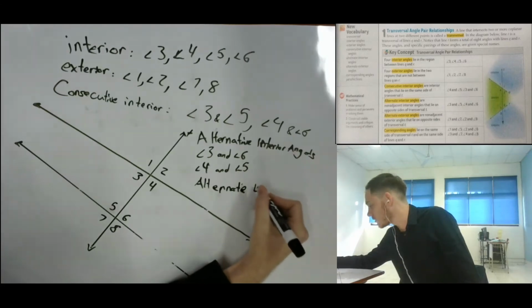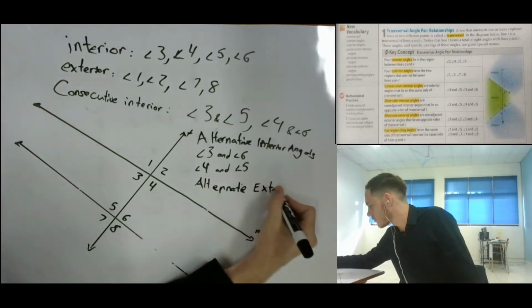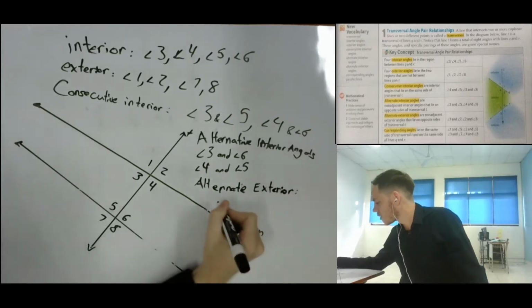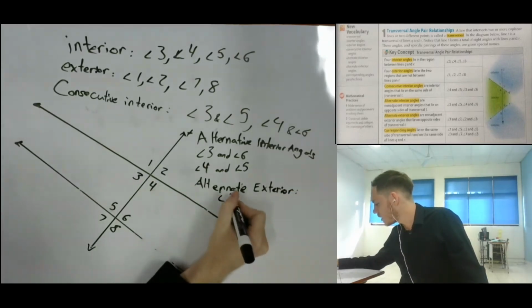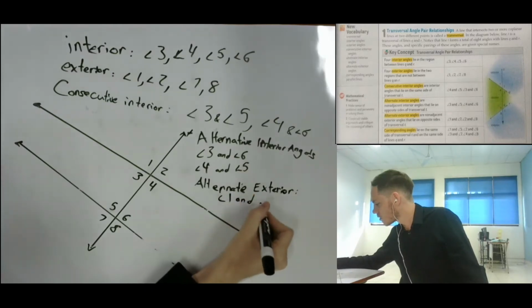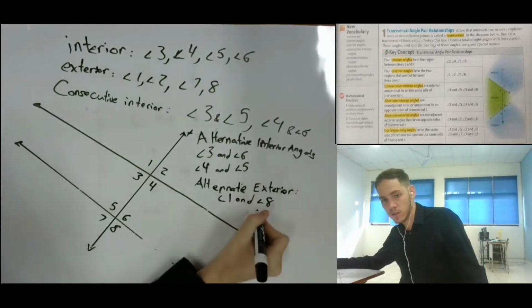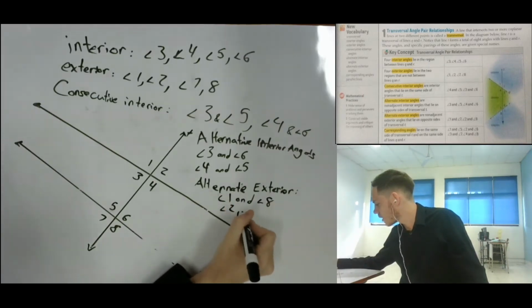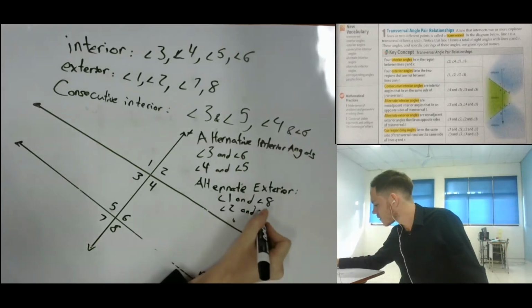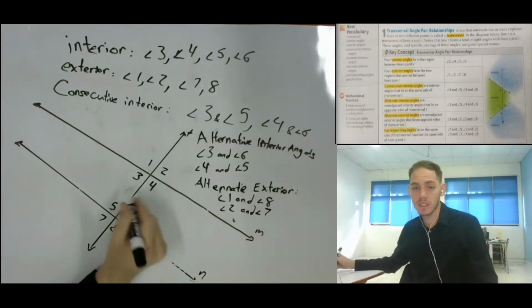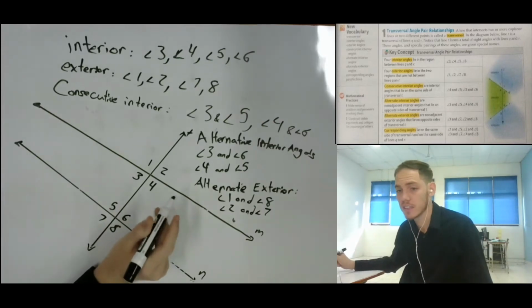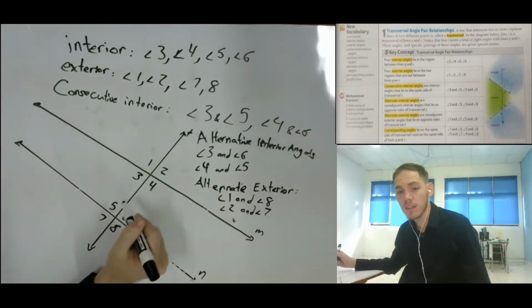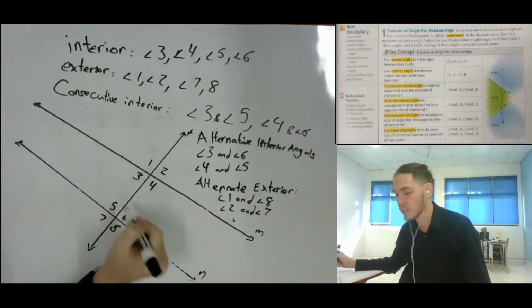Alternate exterior angles are going to be 1 and 8 in this case, and 2 and 7. So my drawing is a little bit different. The book has a different drawing. Look carefully at the book, because the book's and mine are the same concept.